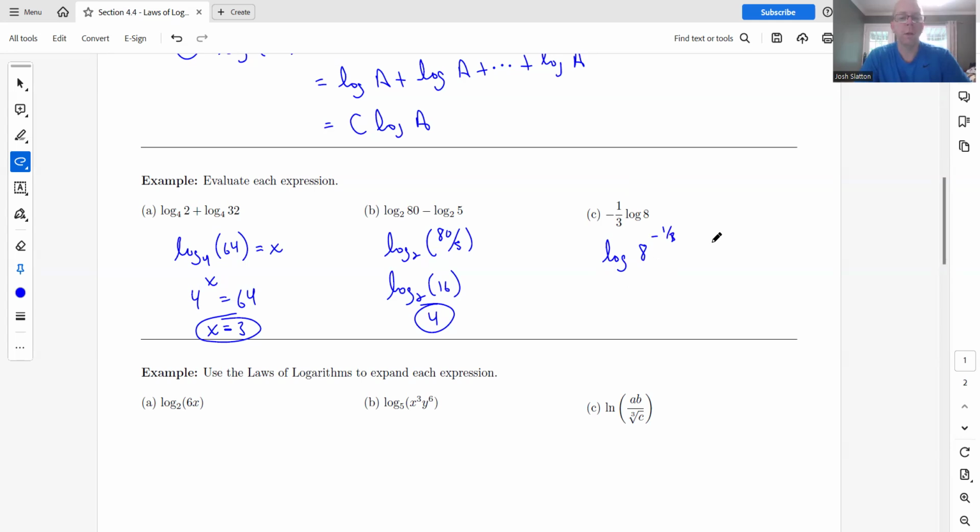So sometimes the negative exponents get a little bit tricky. And so actually, I think I probably need to do this one in the calculator. So let's do log of 8 and then divided by negative 3, and we get negative 0.30103.